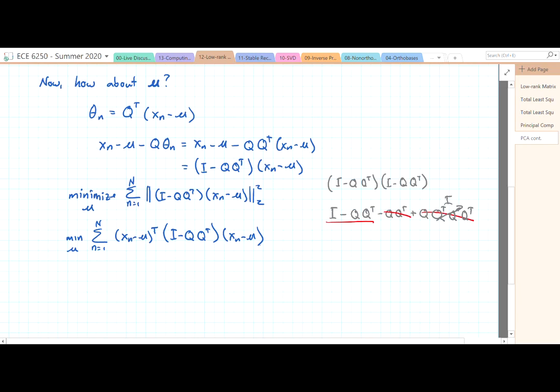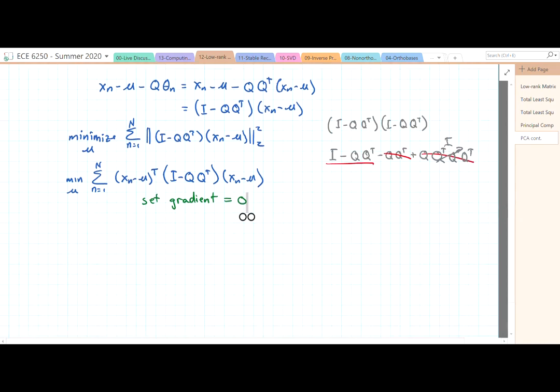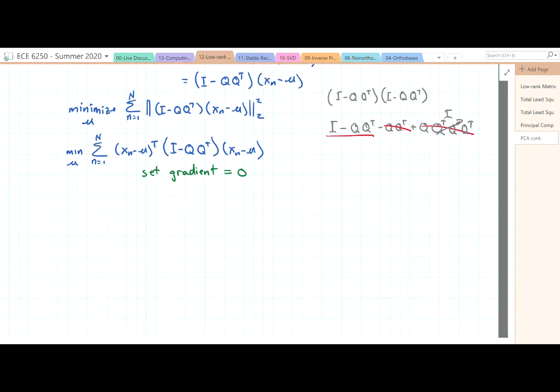And if we're trying to minimize something like this, we take the gradient equal to 0. And this is a quadratic form. So we get that this is the gradient with respect to mu.